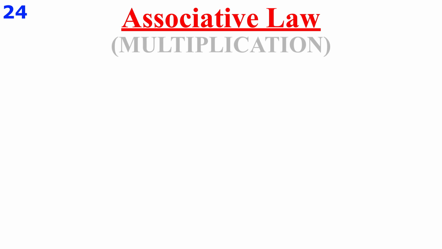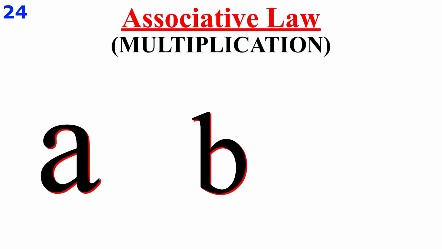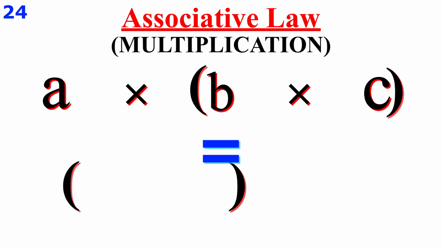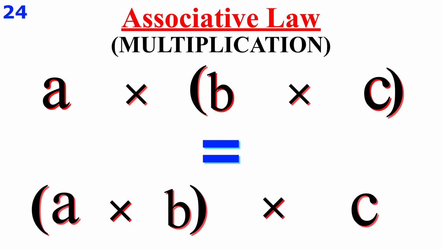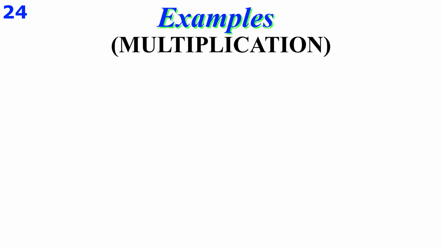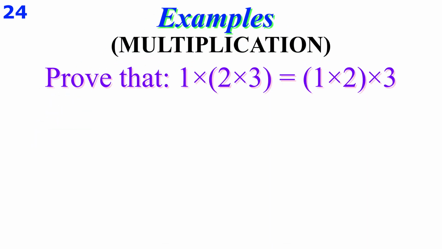Friend, now multiplication. This operation obeys associative law no matter how numbers are clubbed. The final product of the numbers will be equal. If A, B and C are three numbers, then let us prove the associative law for multiplication with the help of an example, 1 into 2 into 3 equal to 1 into 2 into 3.